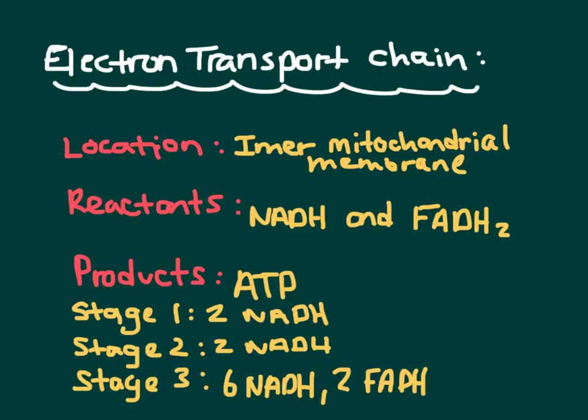There are 3 important terms associated with ETC. The first is chemiosmosis. Chemiosmosis is the movement of ions from an area of high concentration to an area of low concentration through a membrane protein. This results in the release of hydrogen ions, which are used to create ATP.